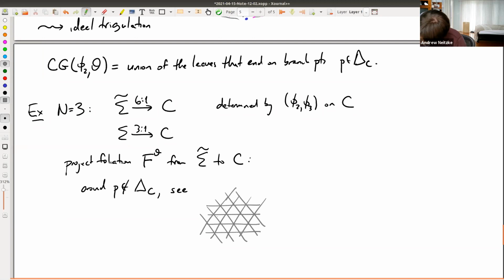So, for example, the leaves going this way, I can orient and then label them, with that orientation, as coming from the 1-2 sheet of the cover. Then the foliations this way came from the 1-3 sheet, and the foliations this way, now I have to be careful. Once I've done those 2, this one is determined. I think this is 3-2.